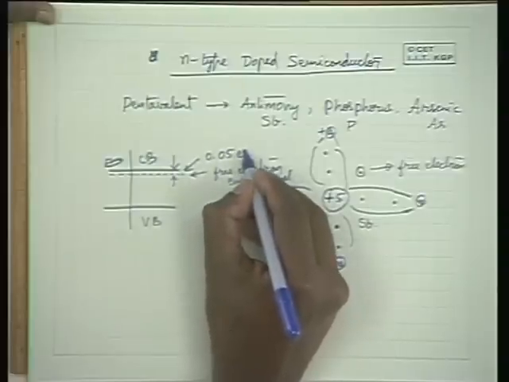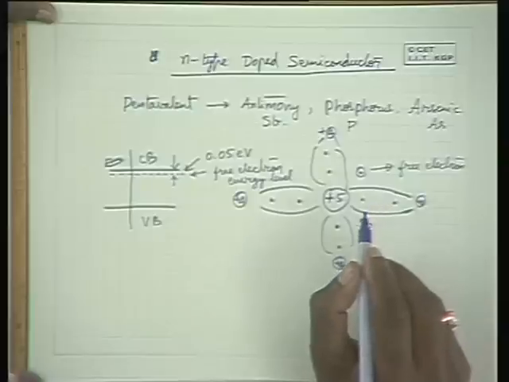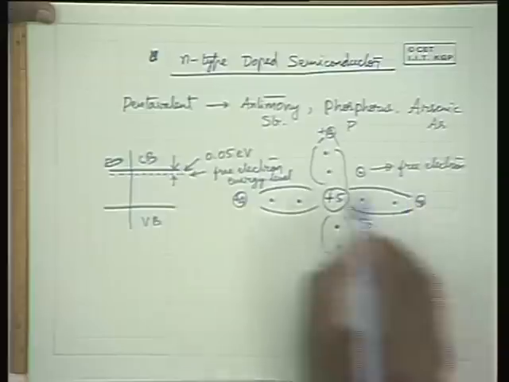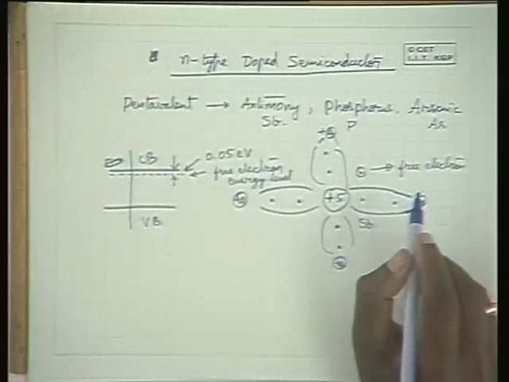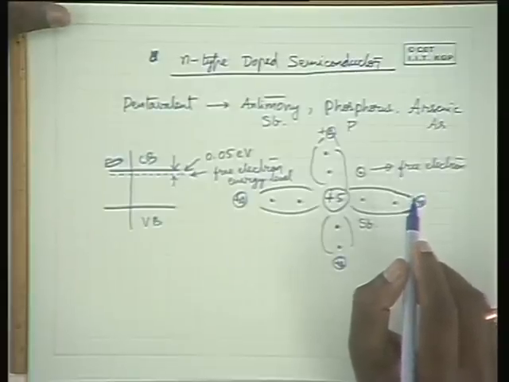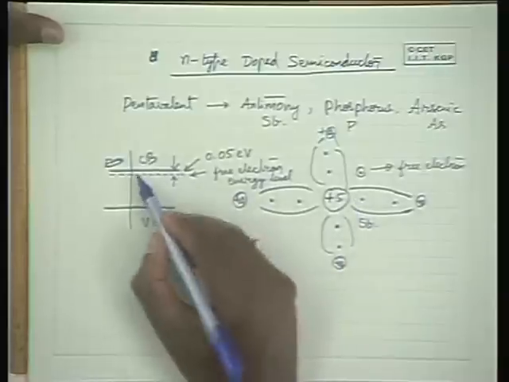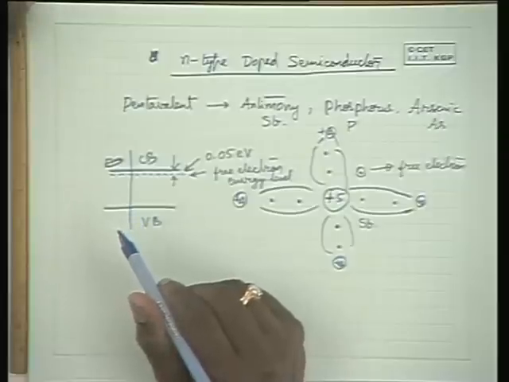In the case of silicon it is 0.05 electron volts, and in the case of germanium it is 0.01 electron volts. Under the influence of a little bit of thermal energy, this electron finds itself in the conduction band.